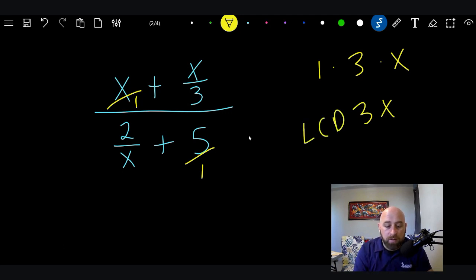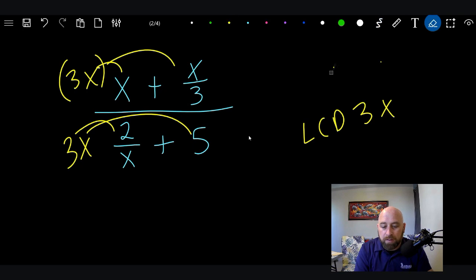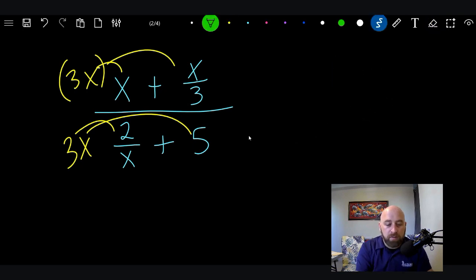Now what we want to do is take our LCD and distribute it through everything. So 3x times this. Let's see what happens when we distribute it. We get 3x times x, which is 3x squared.